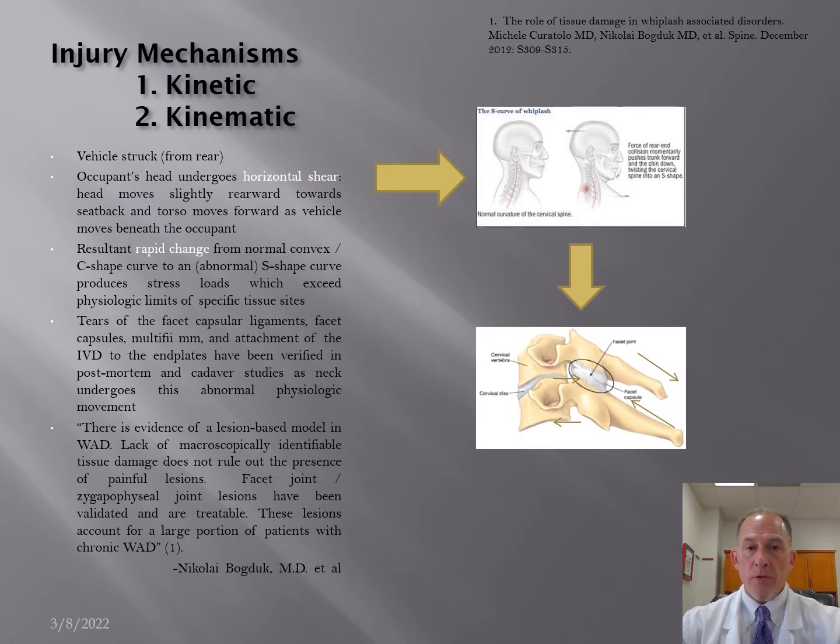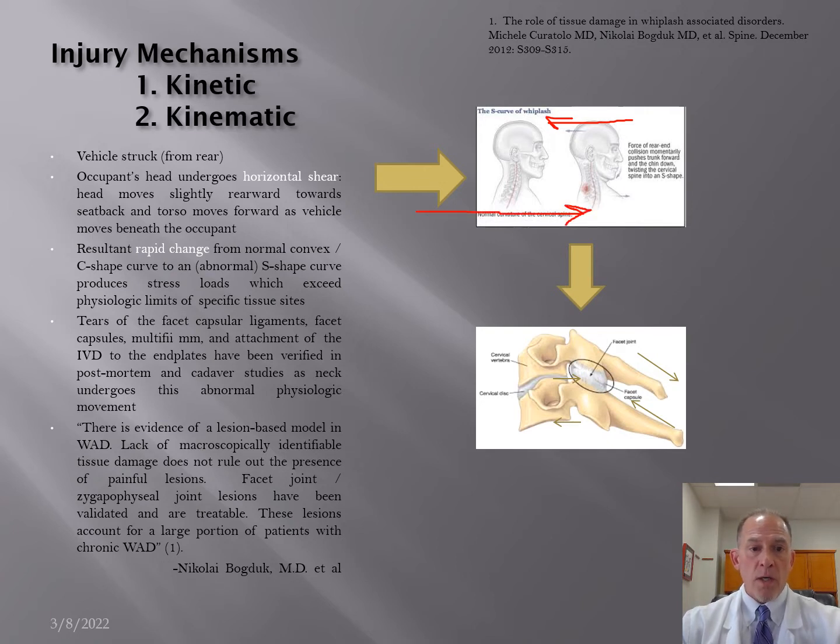So going further with injury mechanisms and the potential for very specific tissue injury sites, if we look over here, the vehicle has been struck from the rear. The vehicle movement is in this direction here. The occupant's head will undergo horizontal shear, so we have head movement in the opposite direction of the vehicle movement.